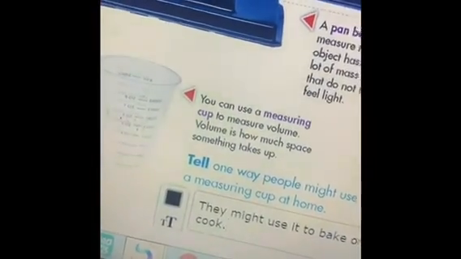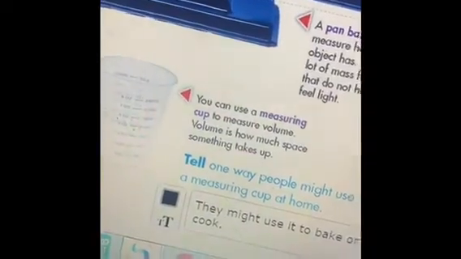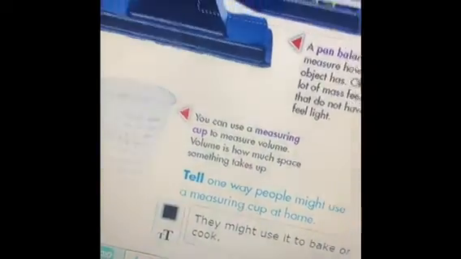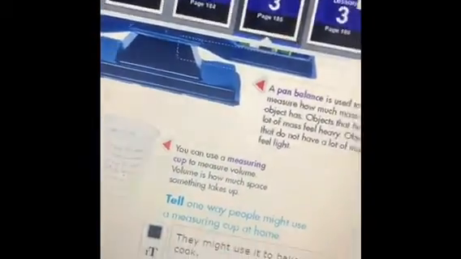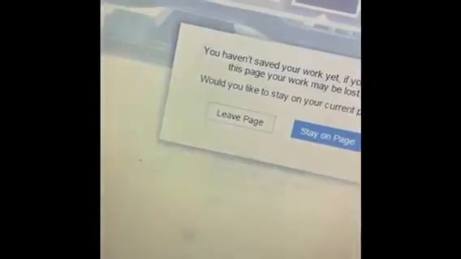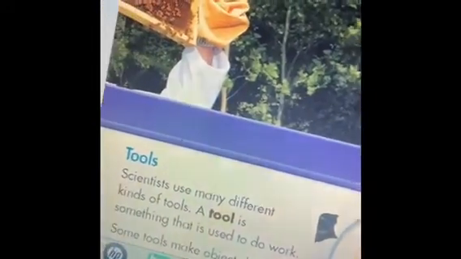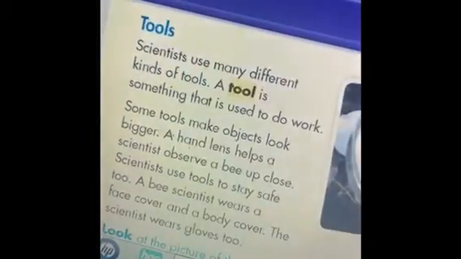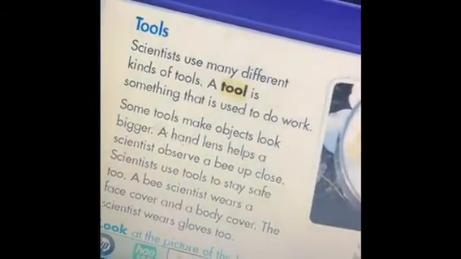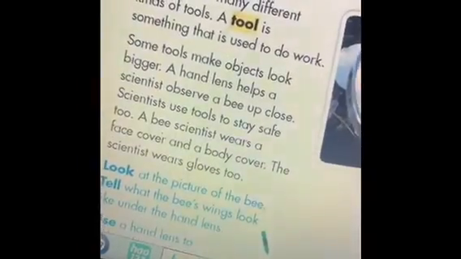They are tools that make objects look bigger. Okay, so a tool is something that is used to do work. We have many different tools to do many different kinds of work.